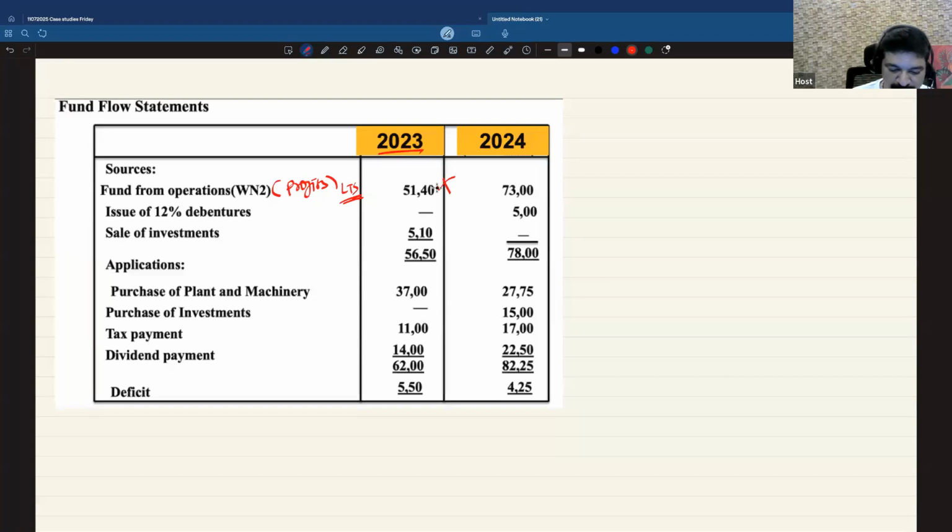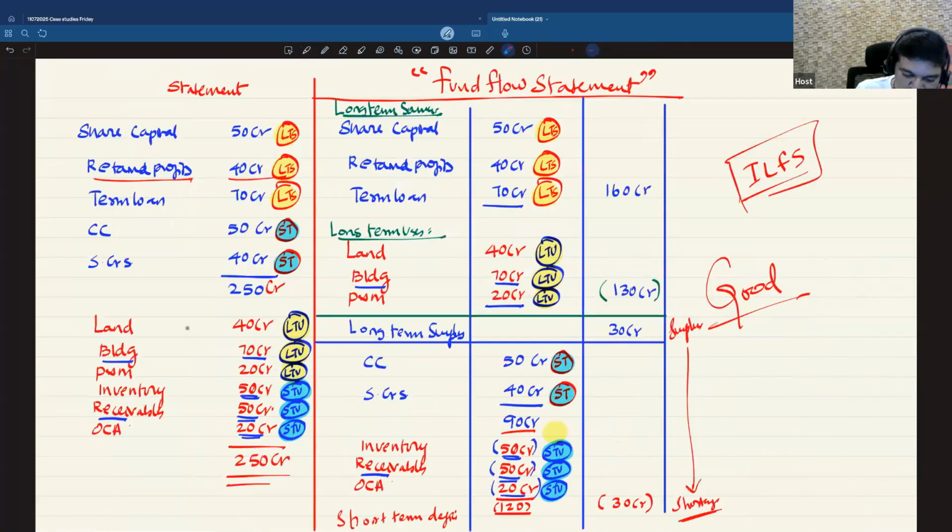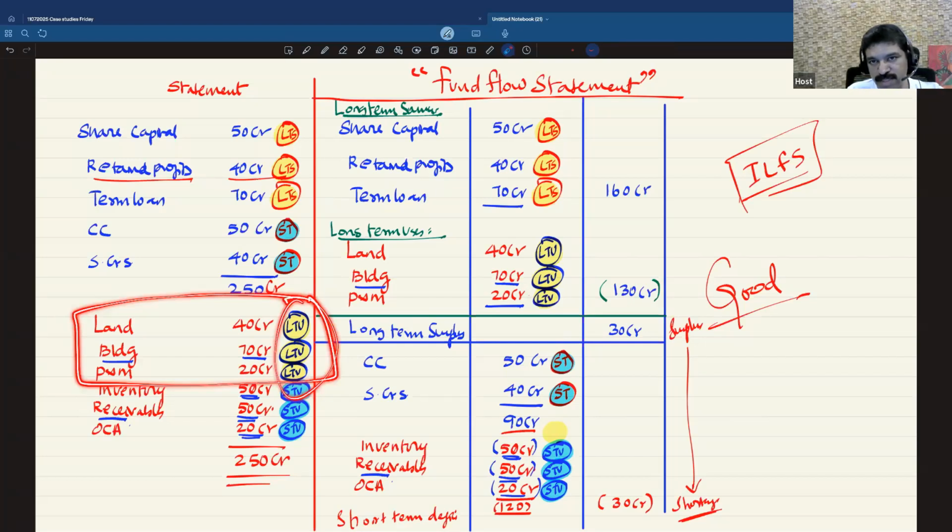And they have sold some investments also. If purchase of assets and investments is a long-term use, that is, money is going out, then the sale of it should be considered as a long-term source. Agreed or not?